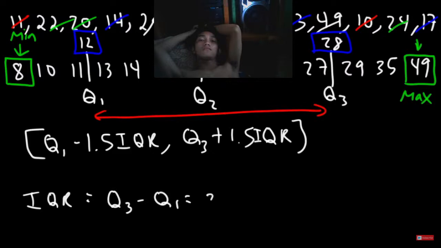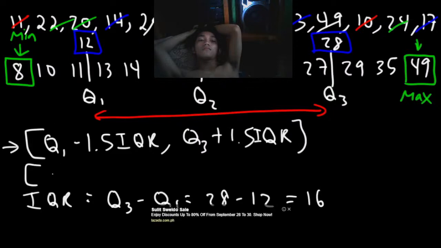So Q3 is 28, Q1 is 12, so the interquartile range is 16. So using this interval, it's going to be Q1, which is 12, minus 1.5 times 16, and then Q3 is 28, plus 1.5 times 16.